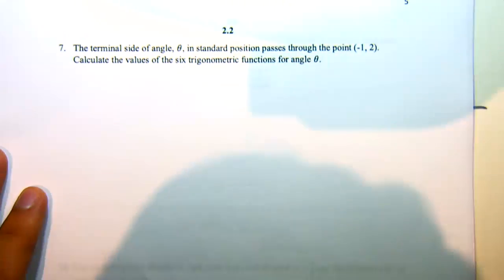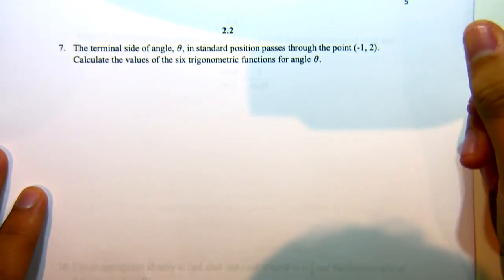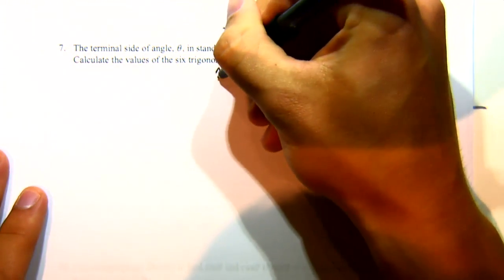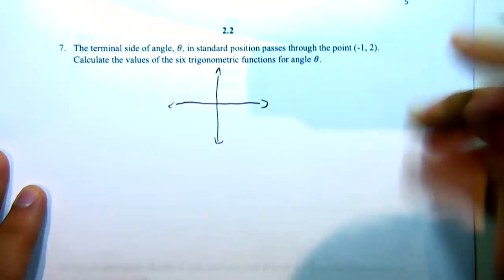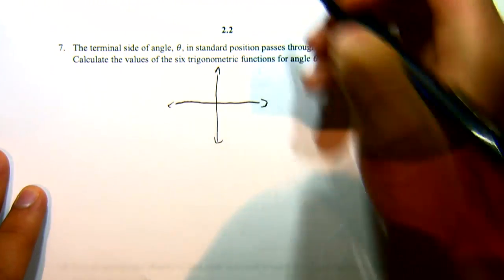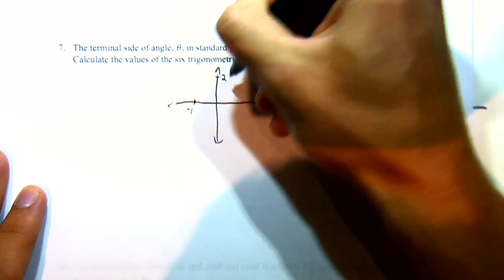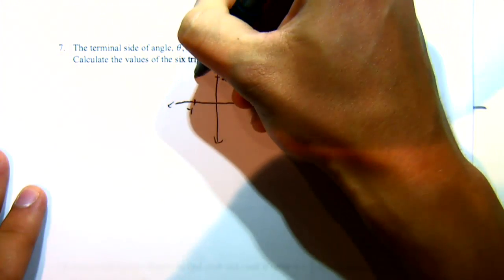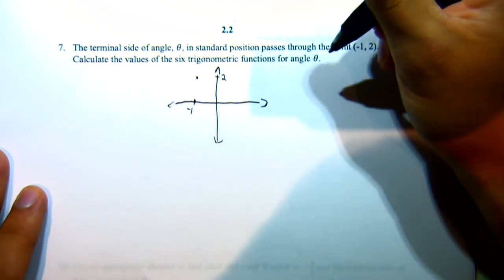So here it would help to draw a triangle. So say we have a graph, and then it passes through the point negative 1, 2. So here we say negative 1, so this would be 2. So the point's about here. And we know this is the terminal side.